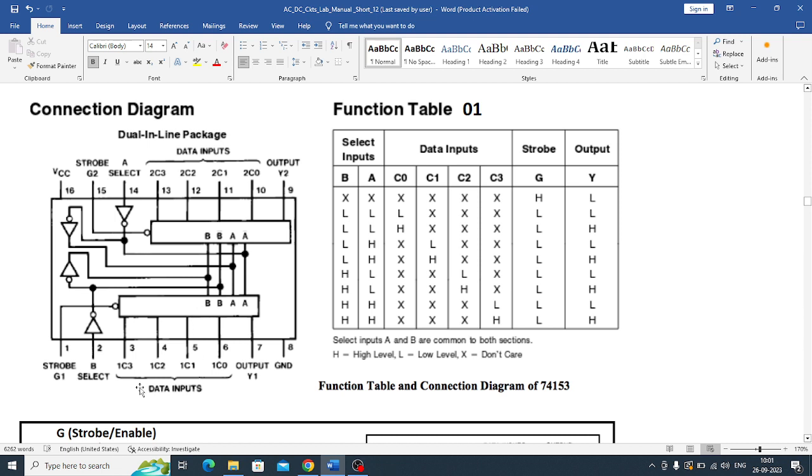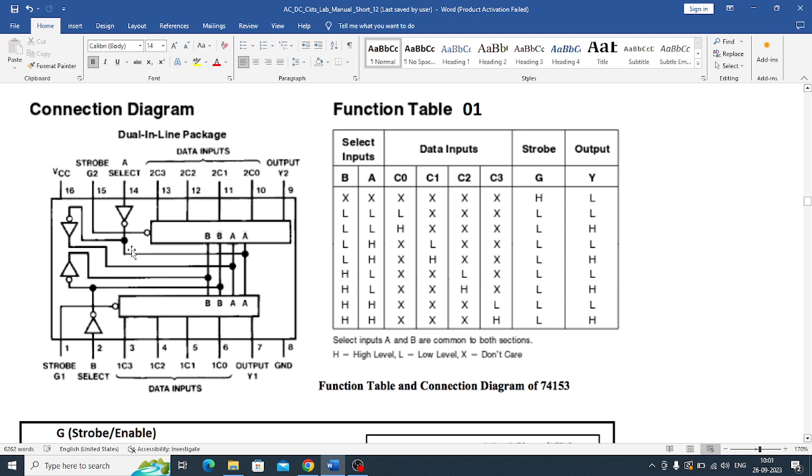See here, data inputs 1C3 to 1C0. What is D there is shown here as C. So 1D3 to 1D0 or 1C3 to 1C0, both are same. Next 2C3 to 2C0 or 2D3 to 2D0, both are same.